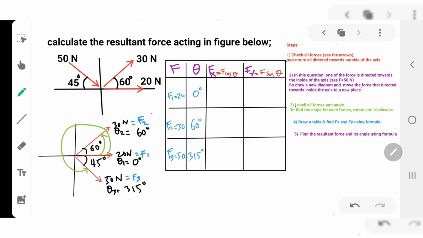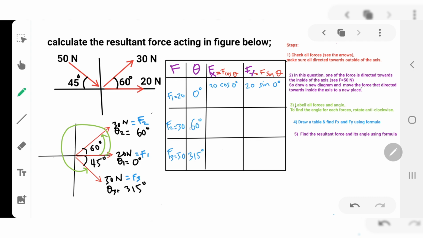Now use your scientific calculator to find the Fx and Fy. So, for example, what is 20 cos 0 degree? And what is 20 sin 0 degree? Okay, I'll just complete this table first. You will calculate this value later.